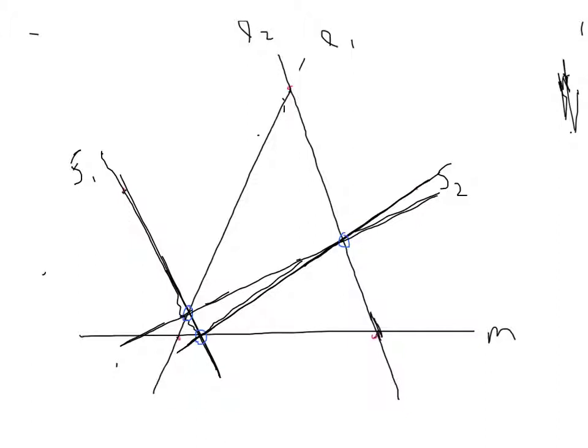Okay, then I do it again. I draw another line from S2 that crosses line M, and from S1 that crosses line M, and I go from there to point S2, which is over here.